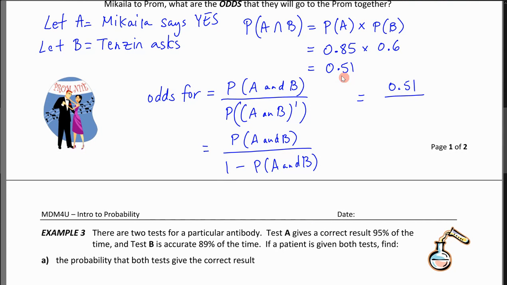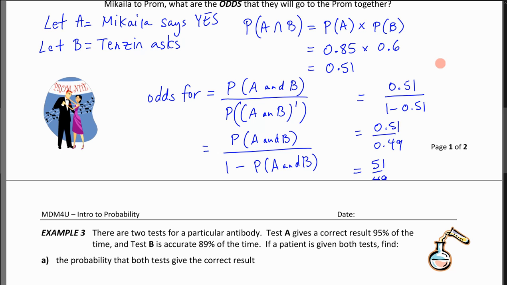If it's a 51% chance that they go to the prom together, then it's a 49% chance that they don't, because the probabilities have to add up to 100. So 1 minus 0.51 is 0.49, giving 0.51 over 0.49, or I can just say 51 over 49.